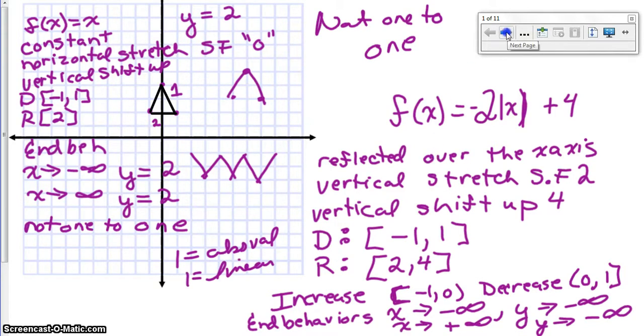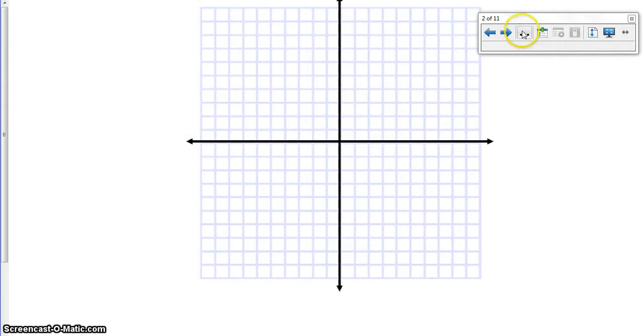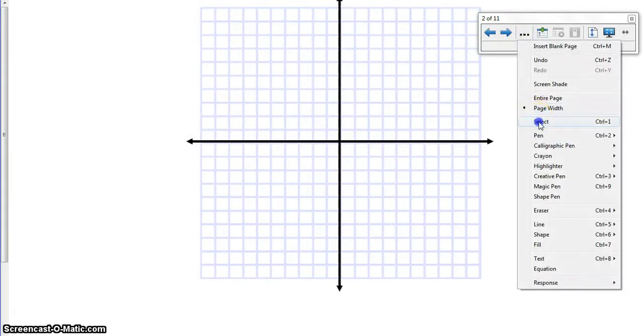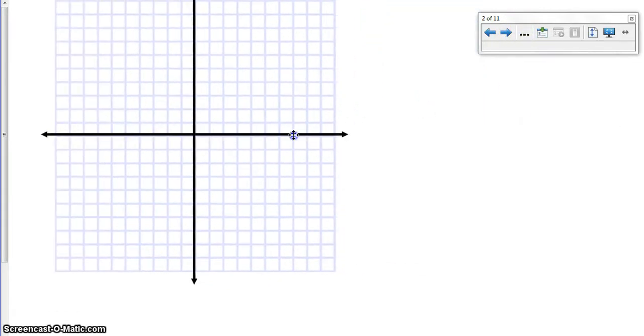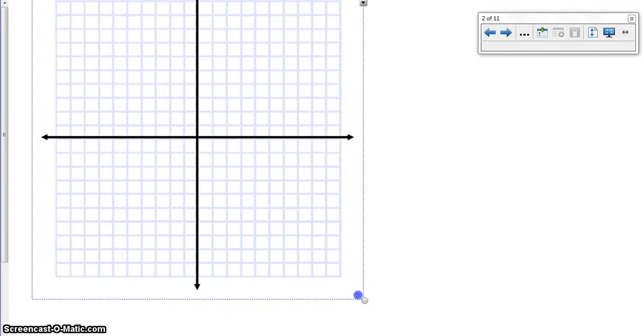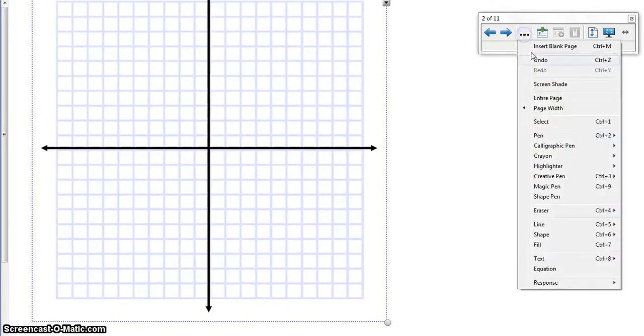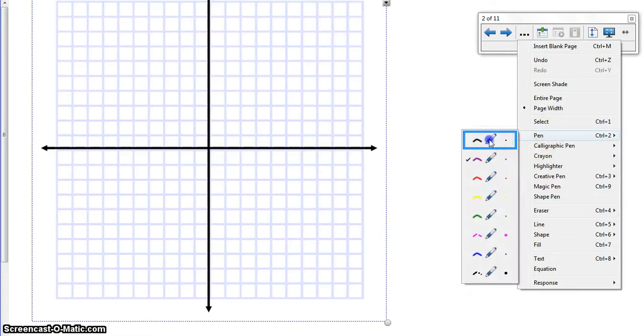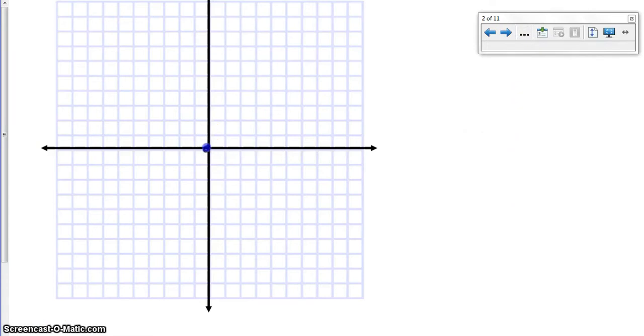All right, let's look at something else. What if I wanted to use a quadratic? Maybe what I wanted to do is an eyeball. So I'm going to think for just a minute of the parent function. The parent function looks like this, and then it goes over 2 and up 4.